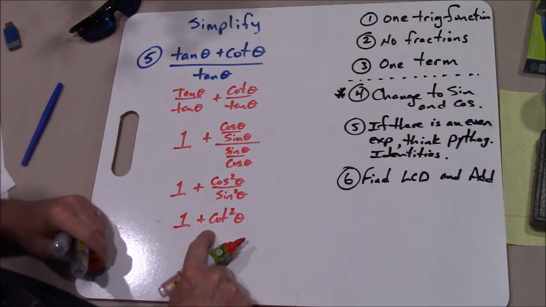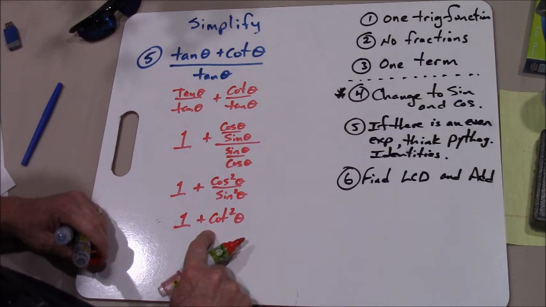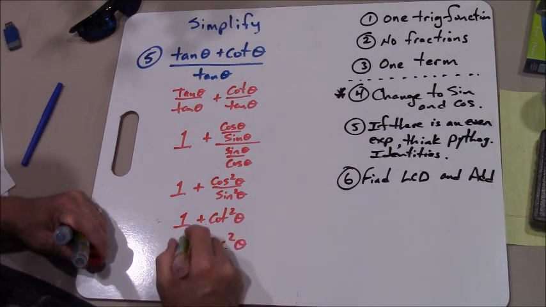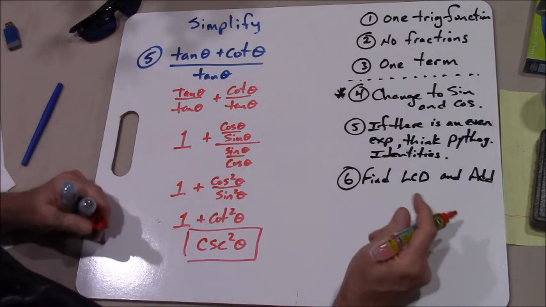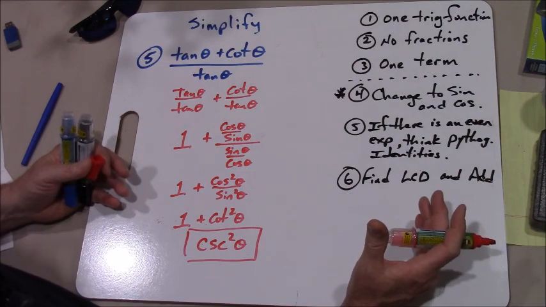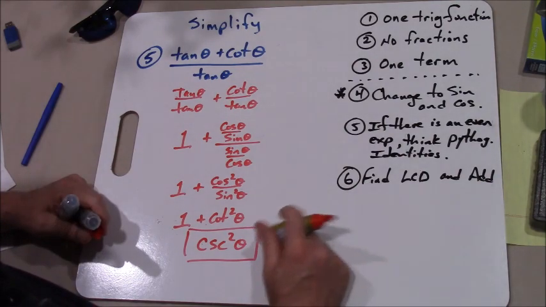And now I look at that and say, oh, that looks like a Pythagorean identity, and it's equal to a cosecant squared theta. So we got the same answer both ways. Two completely different procedures, but we both got to the same spot in the end.